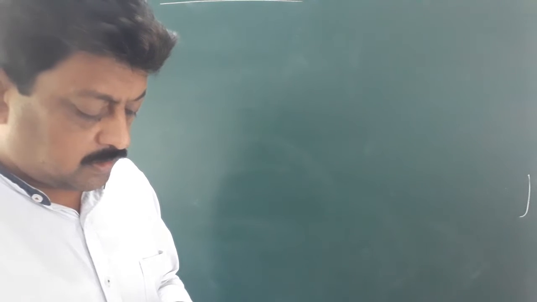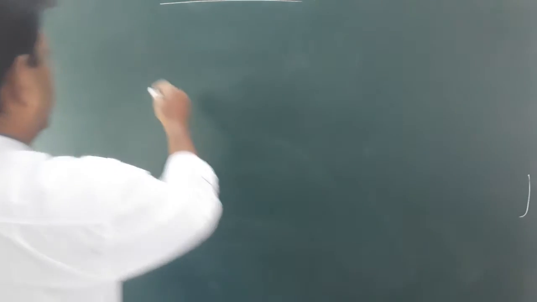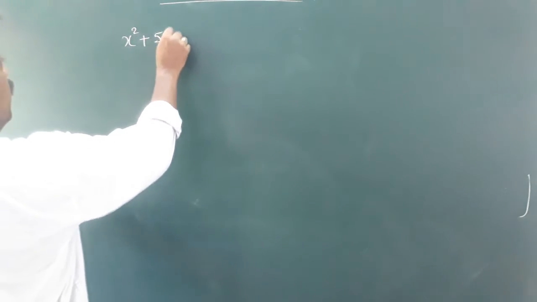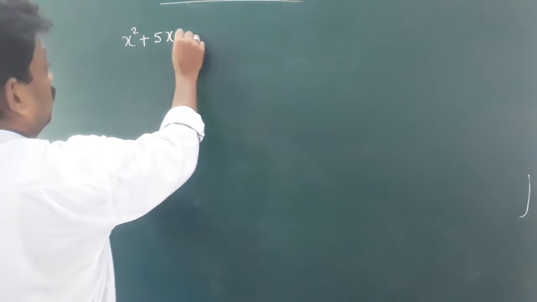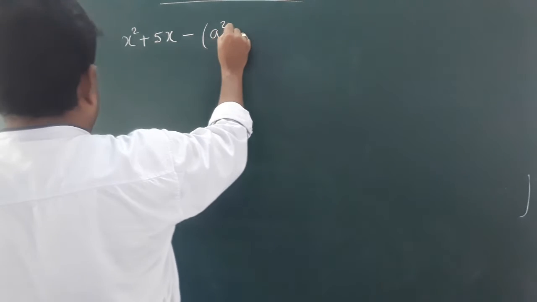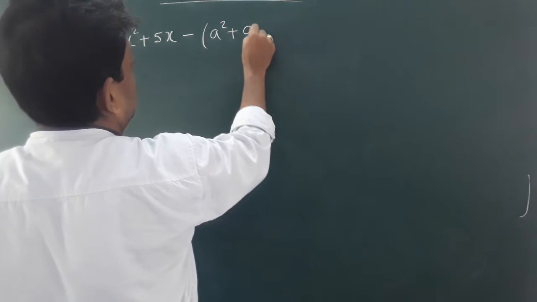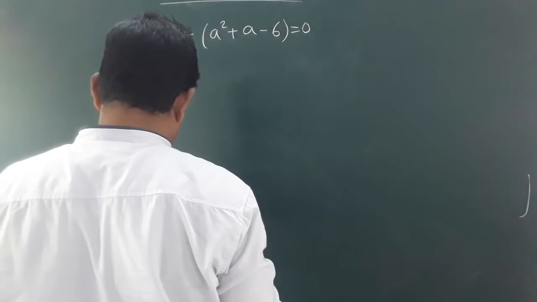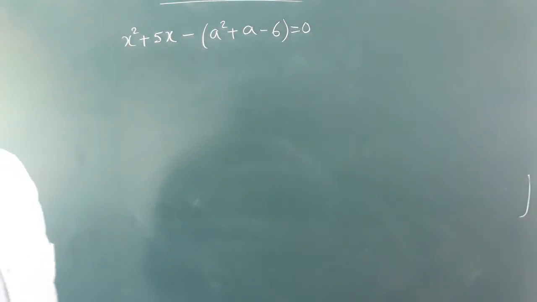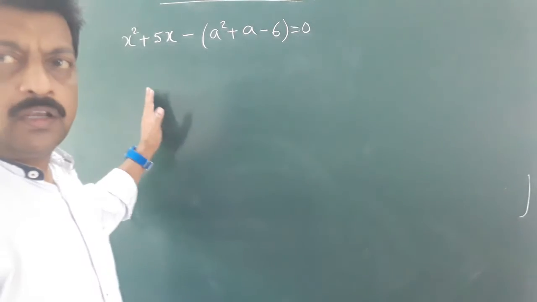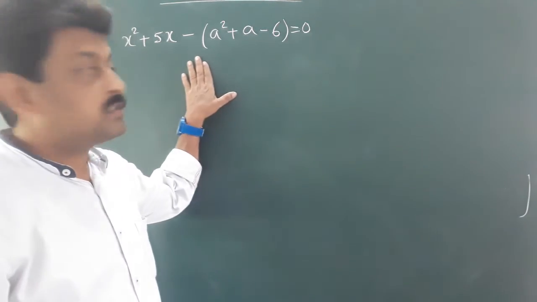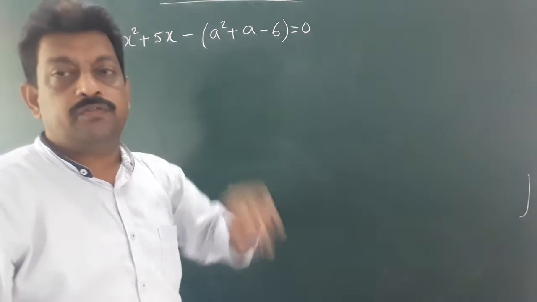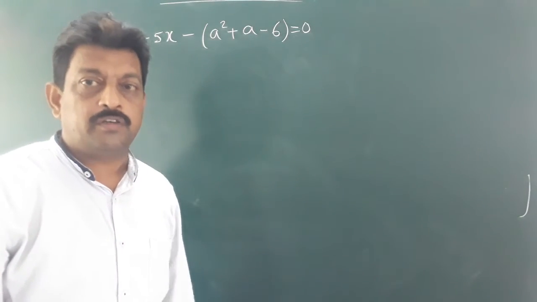Next is x square plus 5x minus a square plus a minus 6 in brackets, equals to 0. We have to find the roots of this quadratic equation.